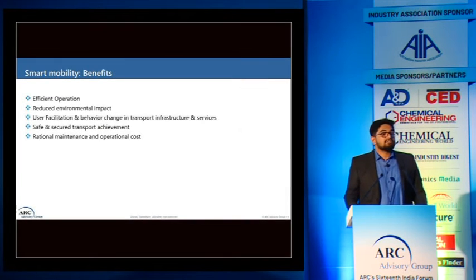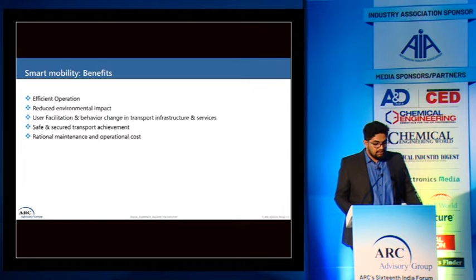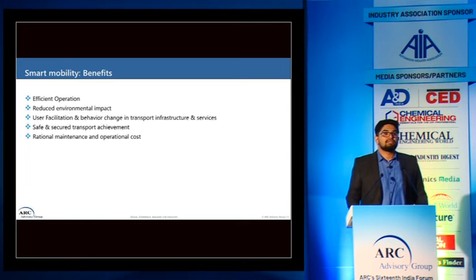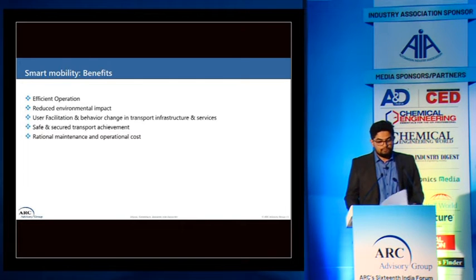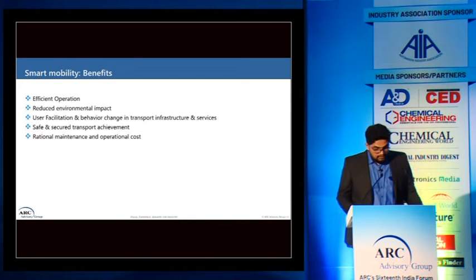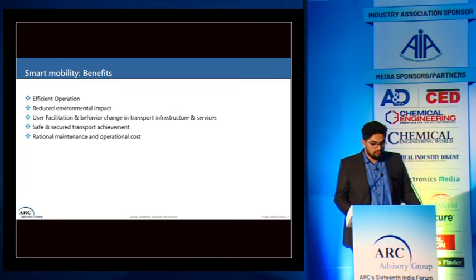So what are the benefits of smart mobility? Efficient operation of the smart city, reducing environmental impact, user facilitation and behavior changes in transport infrastructure and services, safe and secure transport achievement, and rational maintenance and operational cost. Now we are going to discuss the smart mobility pillars.